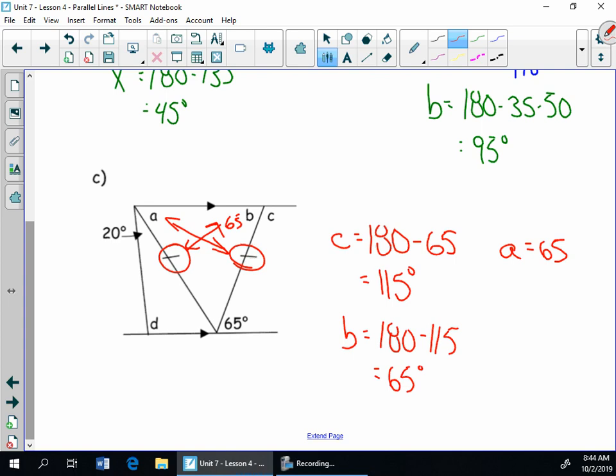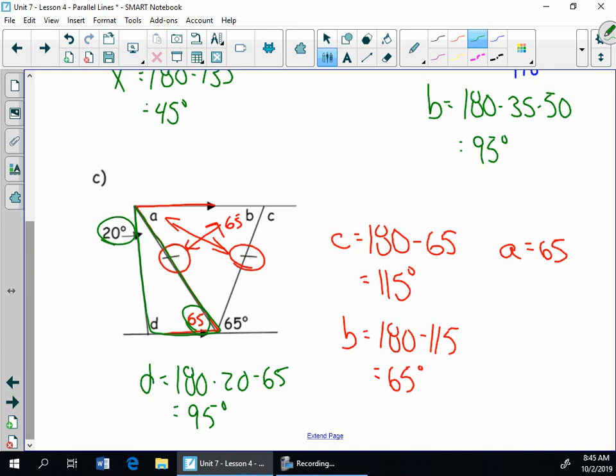Well, if A is 65, here is another Z, another equal angle, more 65s. And if I know the bottom down here is 65, and I see that I have a triangle, and I know 20 in the top, 65 in the bottom, I can get D by subtracting the two parts I already know, and I get 95.